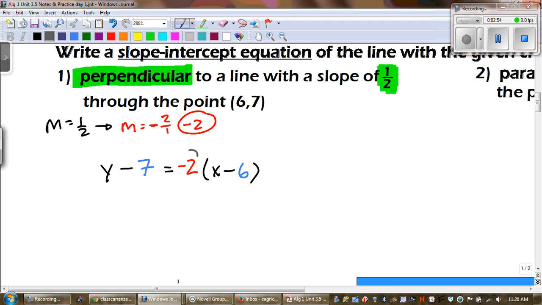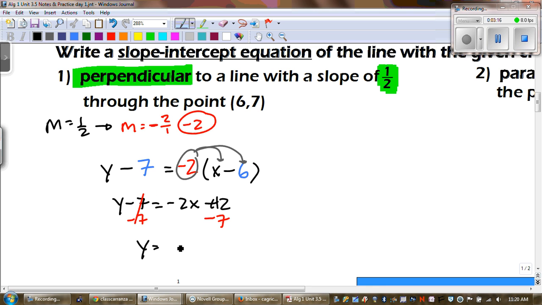So from here, guys, should be smooth sailing. We have to distribute. We get y minus 7 equals -2x plus 12. Okay, and then to get the y all by itself, we need to subtract 7.